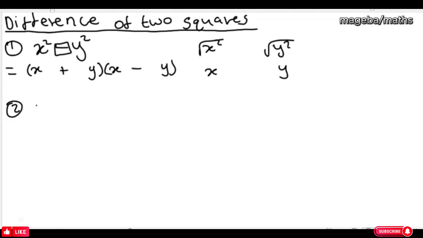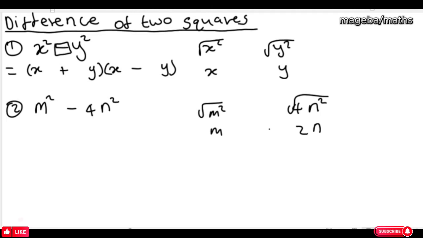Let's do another example. We have m squared minus 4n squared. First thing that you must do here, find the square root of m squared. The square root of m squared, it's m. The square root of 4n squared: square root of 4, it's 2. Square root of n squared, it's n. You open two brackets.